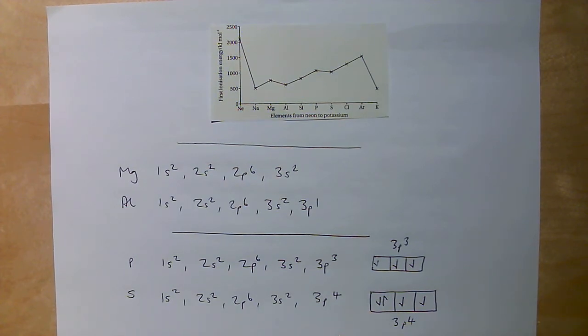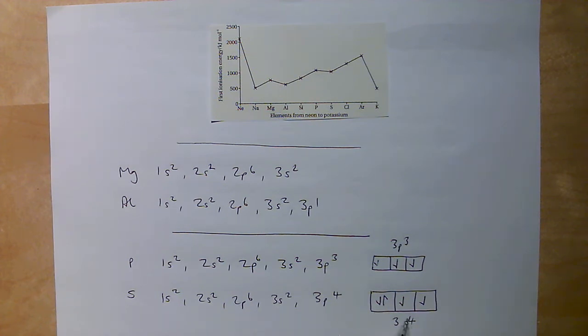Remember, first ionisation energy is the energy required to remove 1 mole of electrons from 1 mole of atoms in their gaseous state. In phosphorus, that would involve moving that electron out. In sulfur, I could remove this electron here.